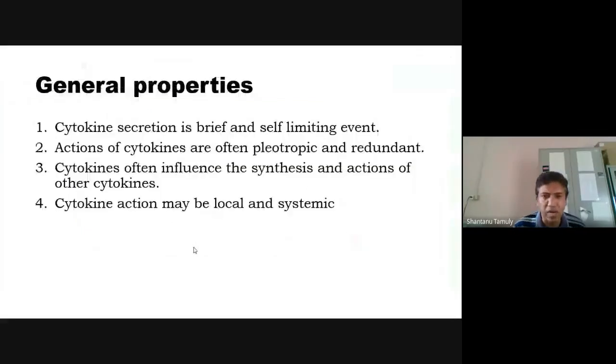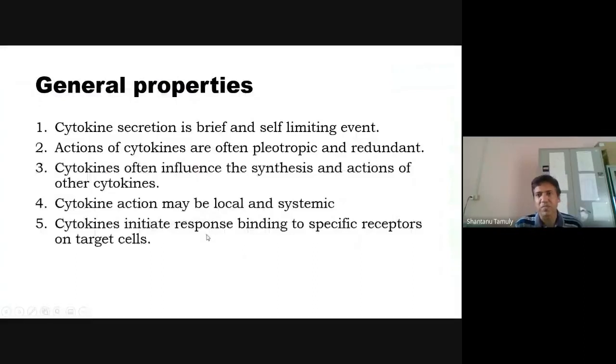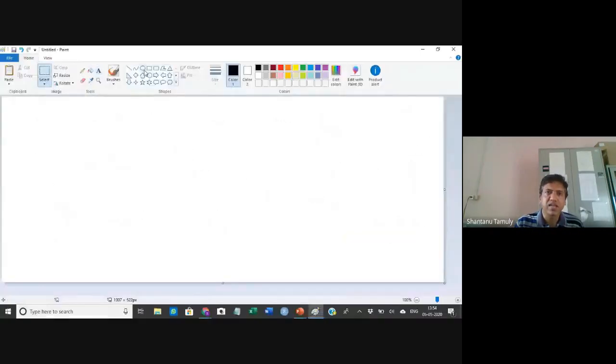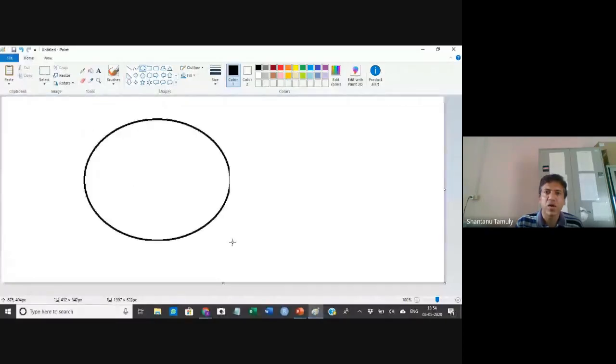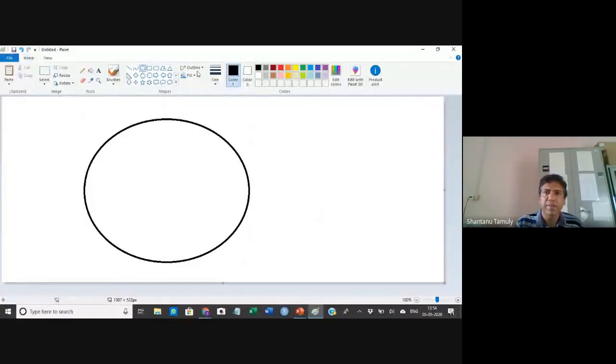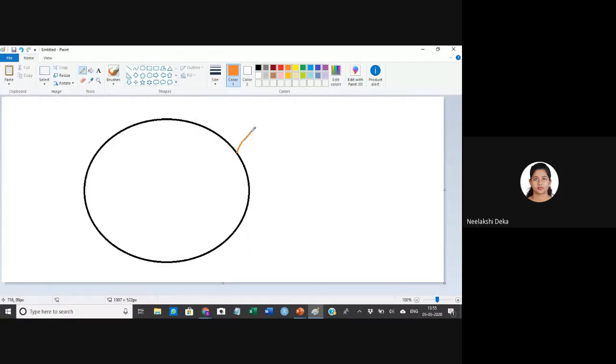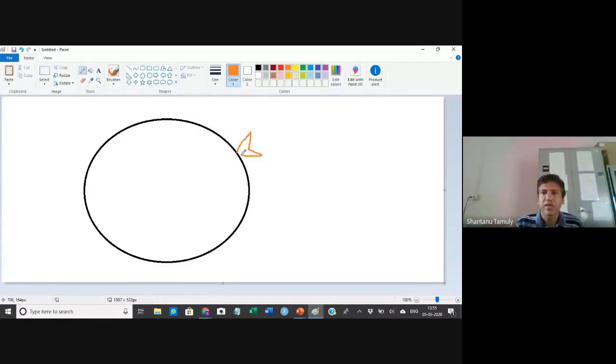Next, the cytokine initiates a response by binding to a specific receptor on the target cell. Just like the insulin hormone, every immune cell has receptors on its cell membrane, on its surface.